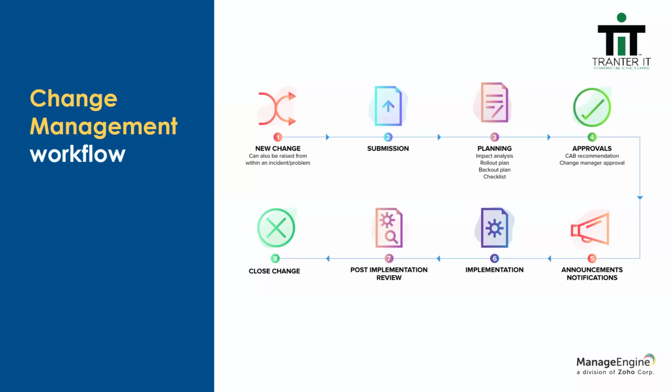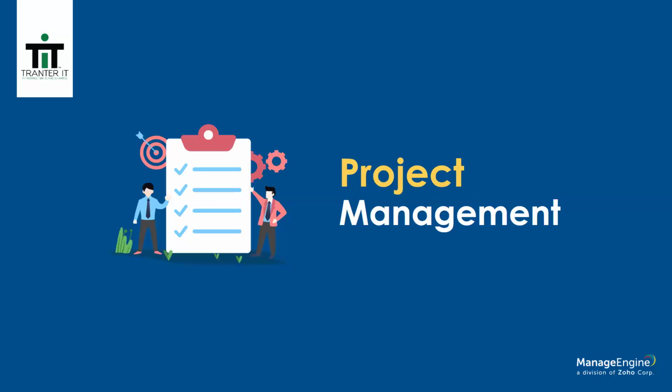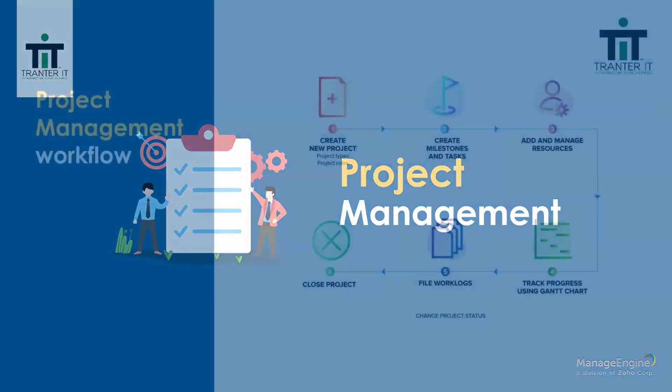So we can see that after an incident was raised, we discovered it to be a problem. When the problem was identified, the root cause analysis and the symptoms were already documented. We moved on to raise a change to fix the particular problem that was identified. After the change process has been completed, we have a project to work on.